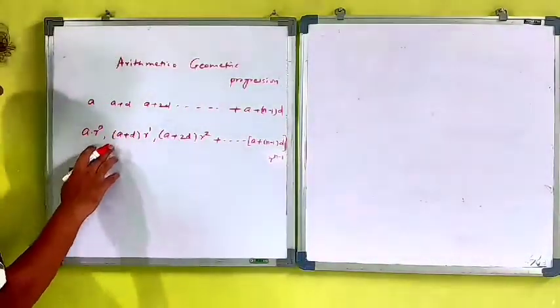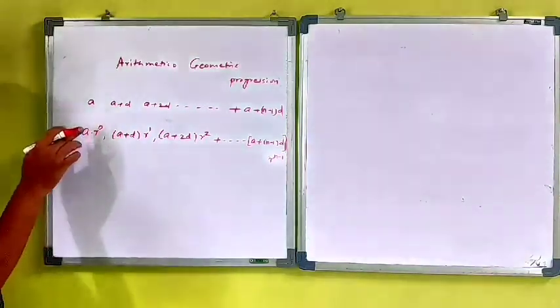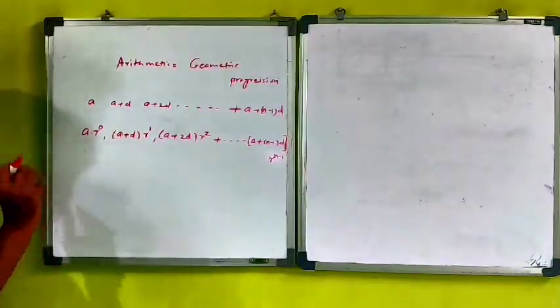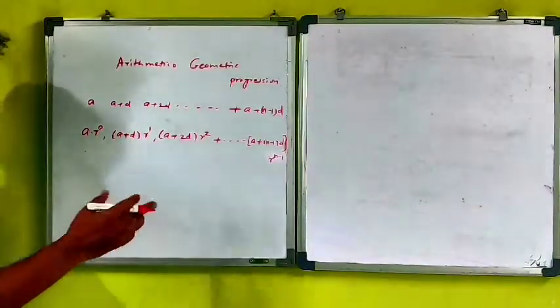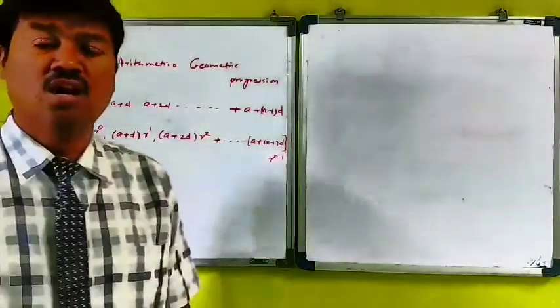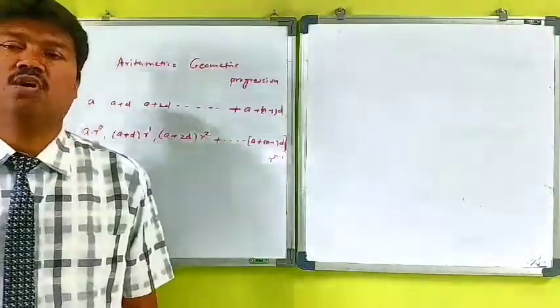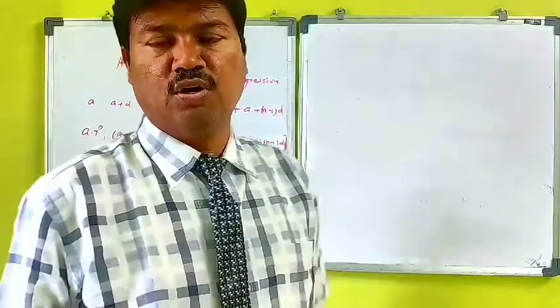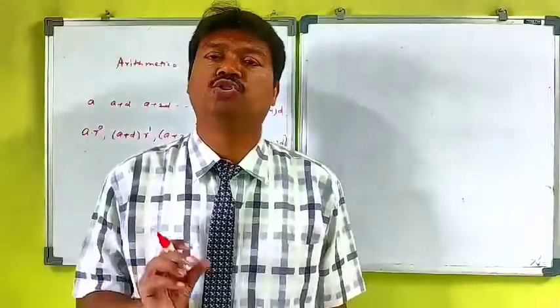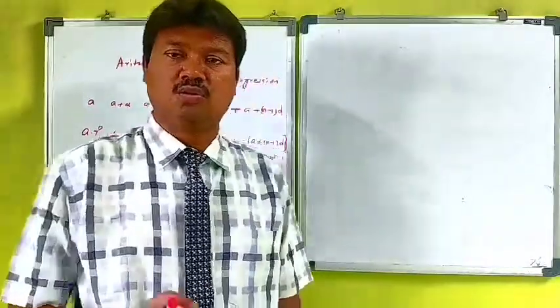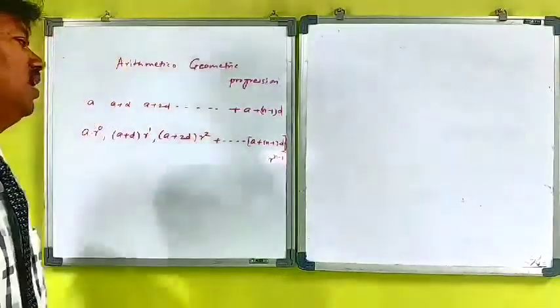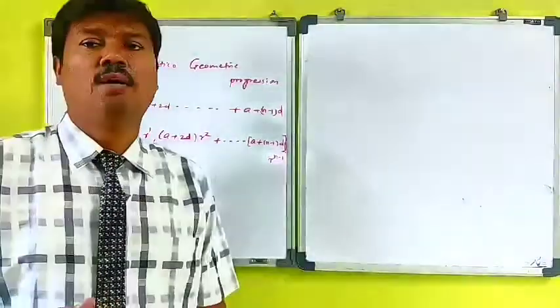So this type of sequence is a mixture of an arithmetic progression and a common ratio, and it is called APGP, or arithmetico-geometric progression.